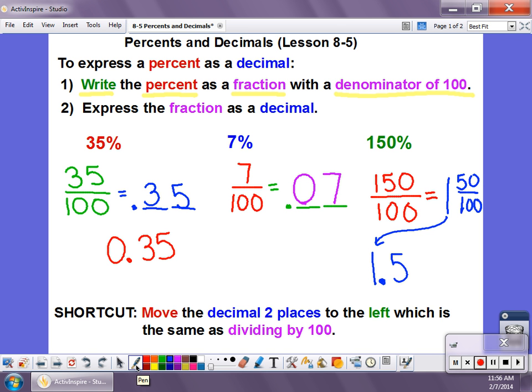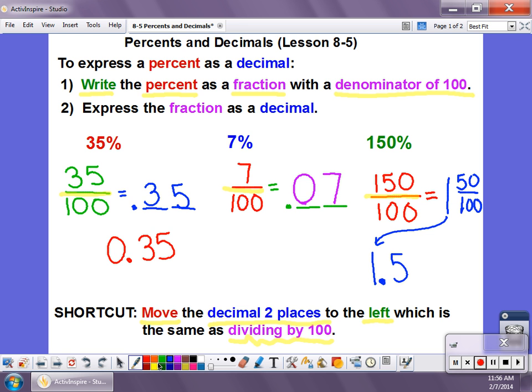Now, in terms of our shortcut, the shortcut says that in order to change a percent to a decimal, we move the decimal place 2 places to the left. When you move the decimal 2 places to the left, that's the same as dividing by 100. And remember, all these fractions with a denominator of 100, that's what it really means, we're dividing by 100.